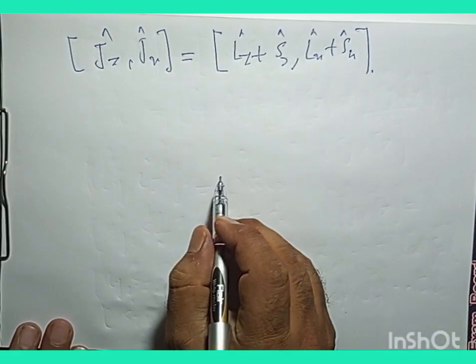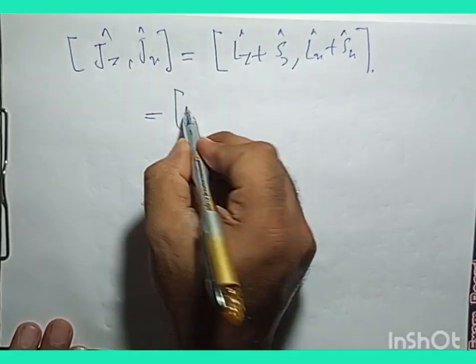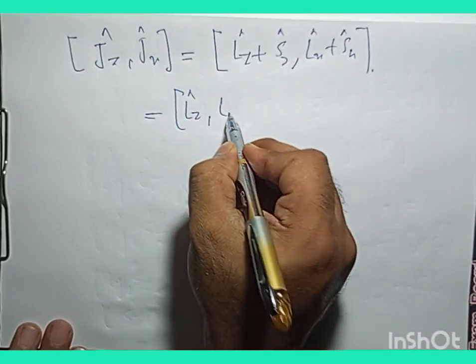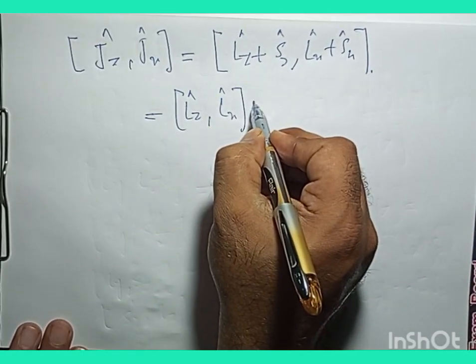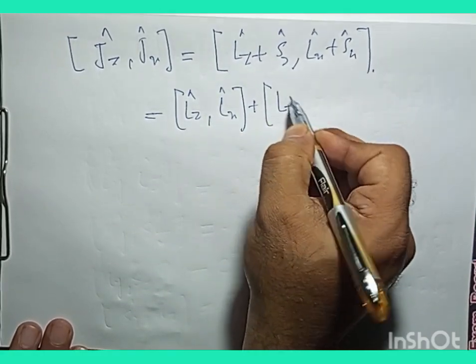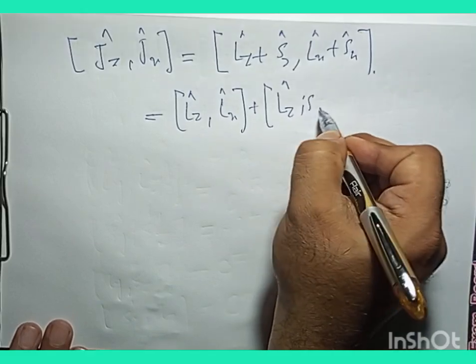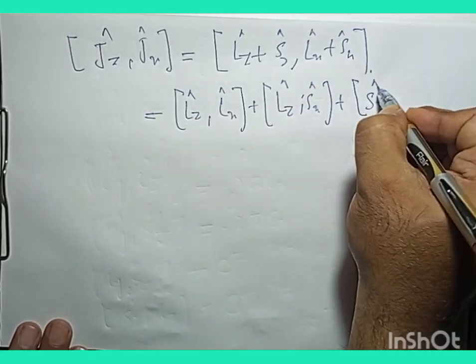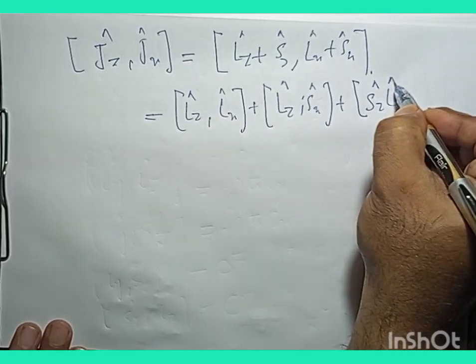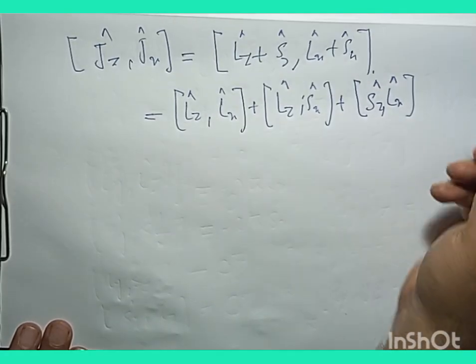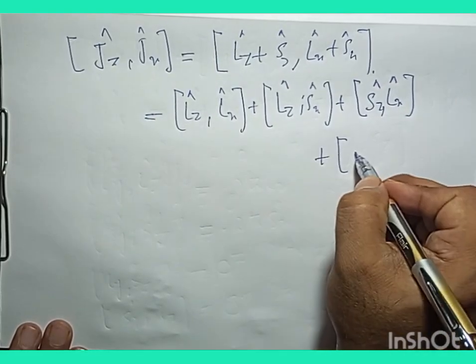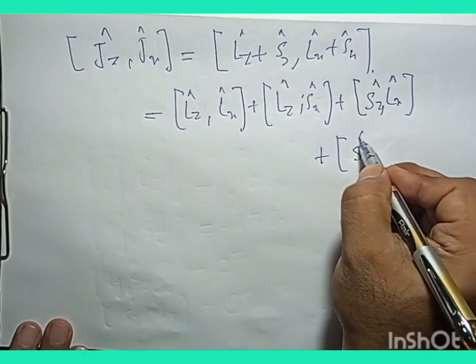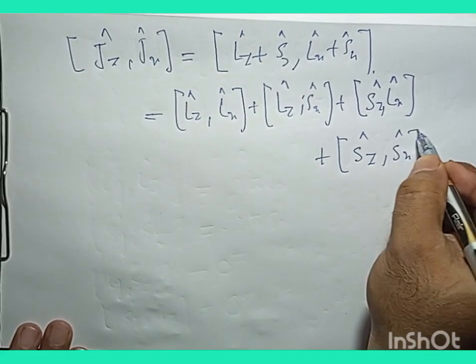All right, so we can use the property of commutators, and here we will have [Lz cap, Lx cap], then plus [Lz cap, Sx cap], then plus [Sz cap, Lx cap]. And finally we will have the commutation between Sz cap and Sx cap.